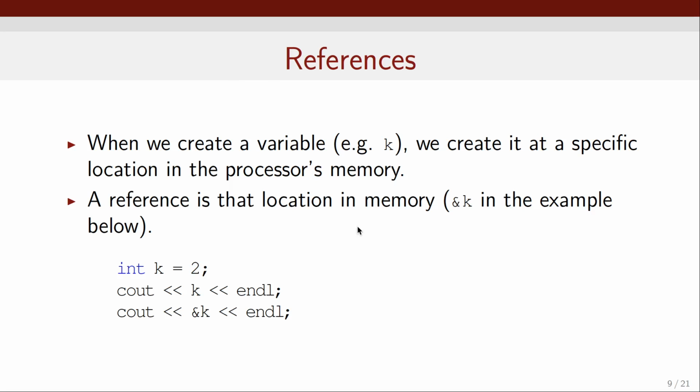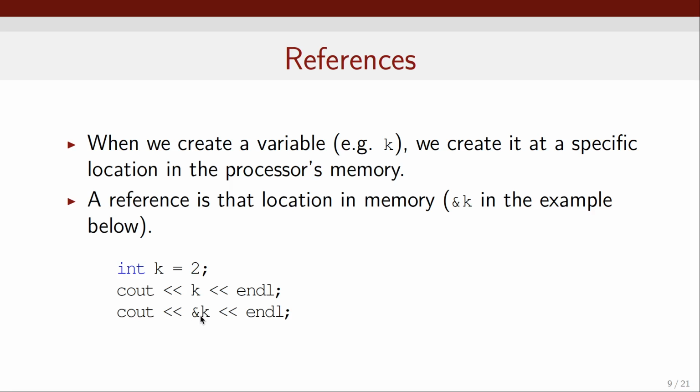So in this example, if I define an integer k equals 2 and I print that integer to the screen, then ampersand of k is the location of k in memory. So you can think of that as address of k.